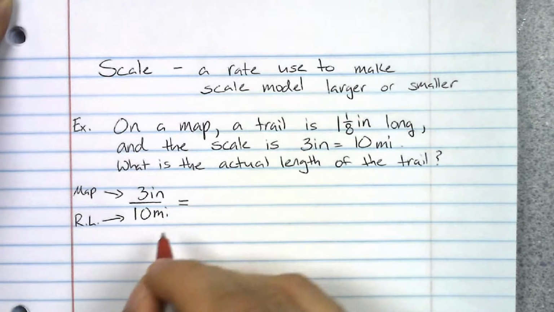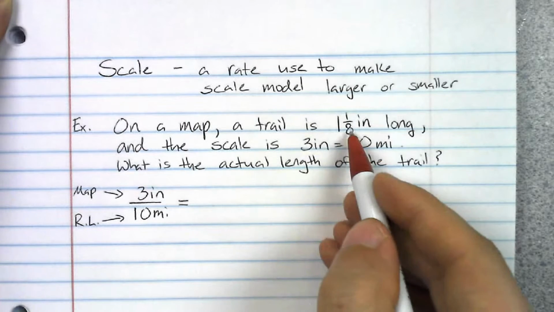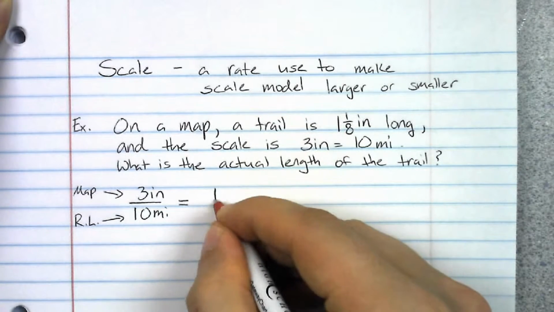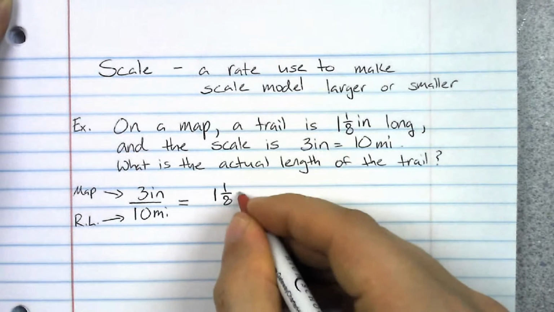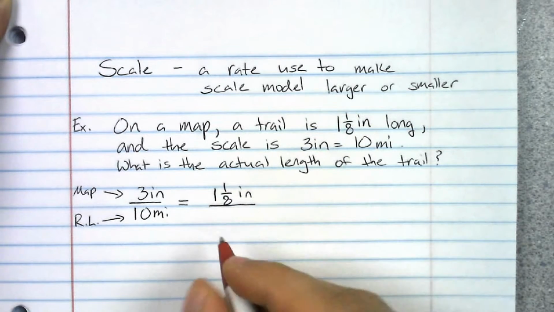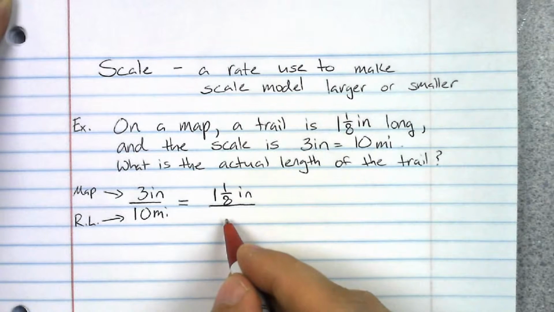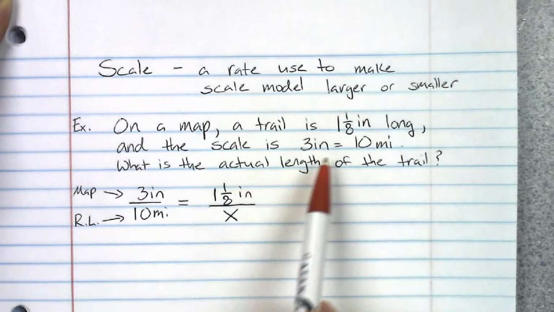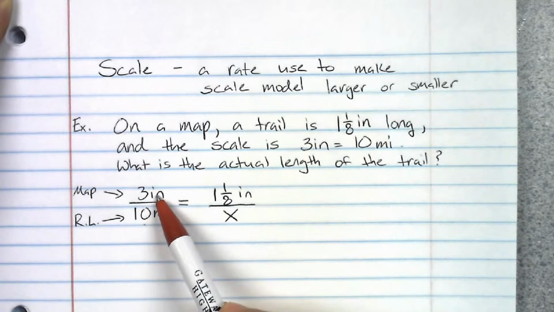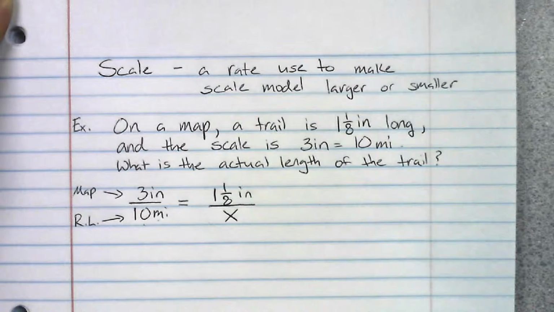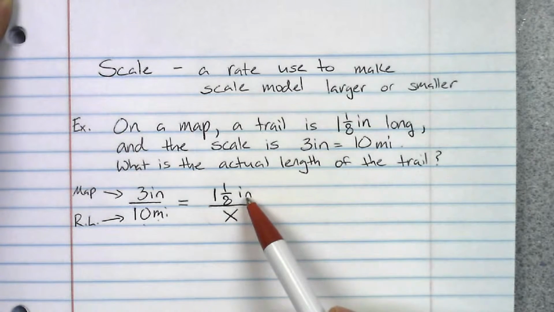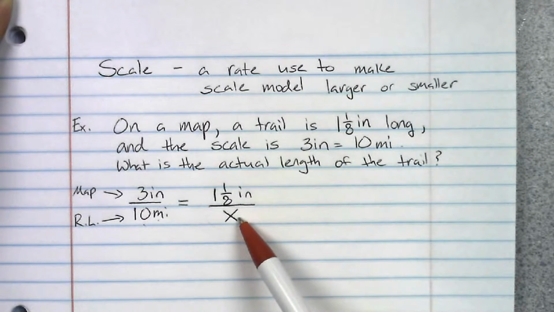And we know that's going to be equal to 1 1/8 inches long on the map, and here we're trying to figure out how big that actually is in real life. So we're going to put an X there. So again, our scale is here, map measurement over real life, and this is the measurement of the trail, 1 1/8 inches, and that in real life we don't know what it is.